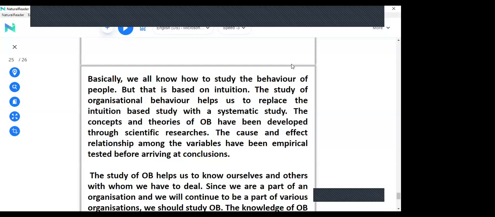Systematic study. Then organization behavior: the first point is to study the behavior of people as well as study organizational behavior.